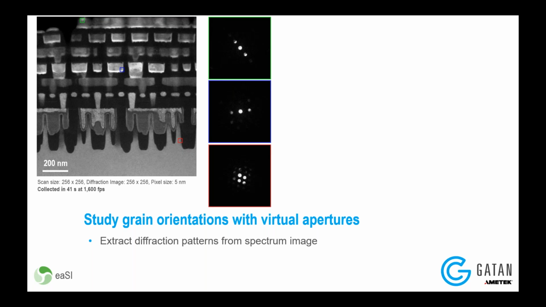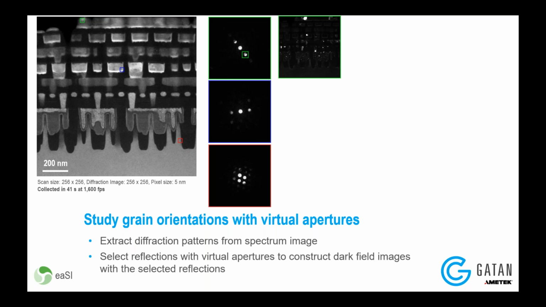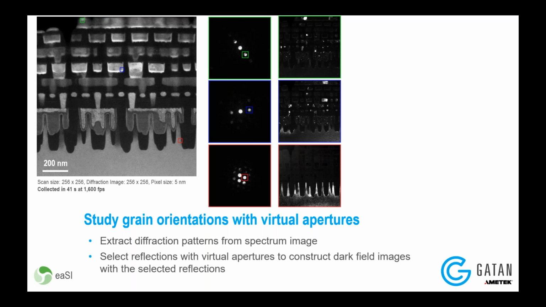Within DigitalMicrograph, you can select different parts of the 4D STEM scan area, investigate the diffraction disks here, and then select different features within the diffraction patterns to act as a virtual aperture and see the different diffraction information spatially in the original map that we're showing here on the right.